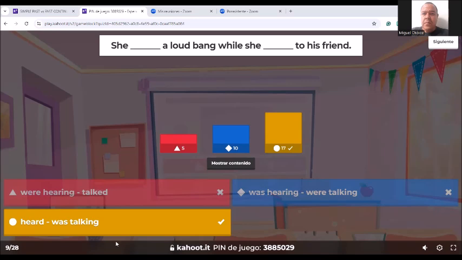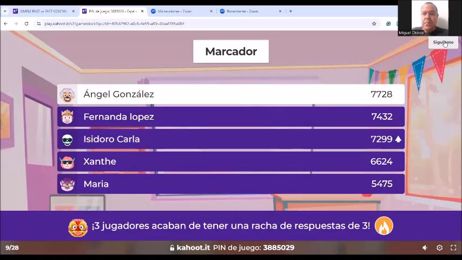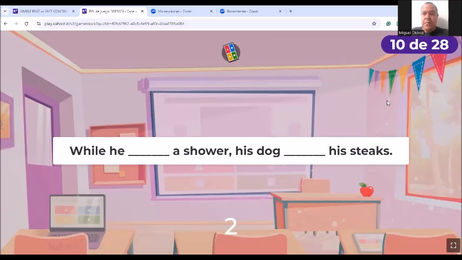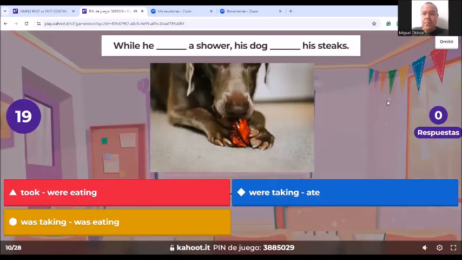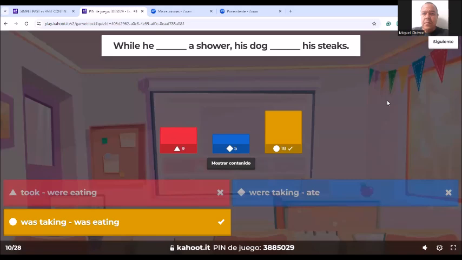Is the correct answer. While he was taking a shower, his dog was eating his sticks. Okay, in this example, again, we have two actions in the same place, at the same time.